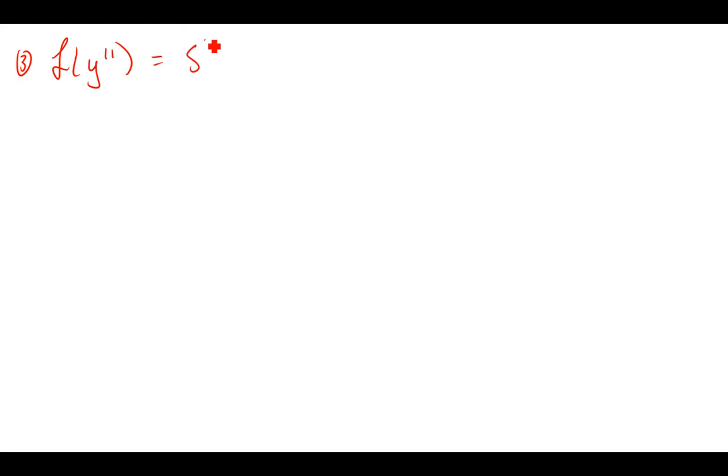You get s squared Laplace of y minus s times y of 0 minus y prime of 0. And you do this in the exact same way as we just did the last one, with one round of integration by parts and then appeal to what we already discovered.